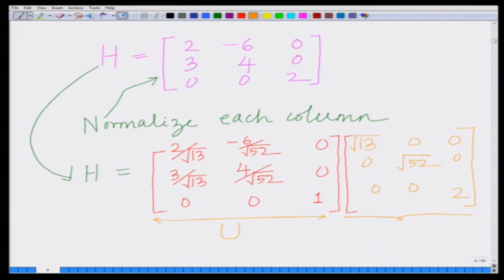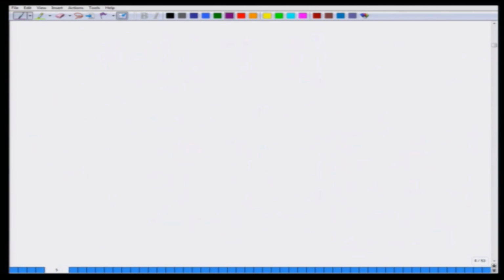The problem is that the singular values are not in decreasing order. Therefore, I can rewrite this now, so let me write this once more.